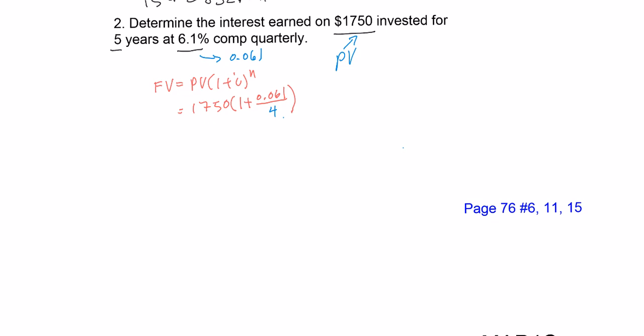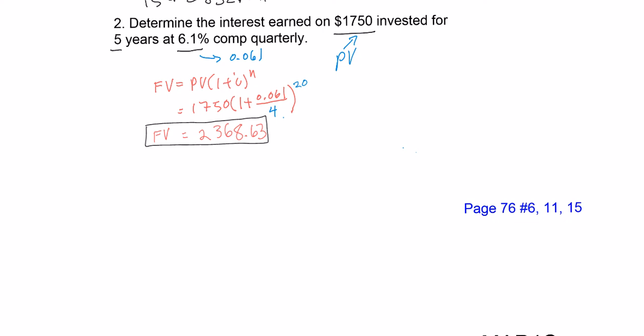Now, in order to calculate the n value, we have to take the number of years and multiply by 4. So 5 times 4 gives 20. Punching these numbers into our calculator, we get FV is equal to 2,368.63. And what we do now is we're going to just circle our key number here.